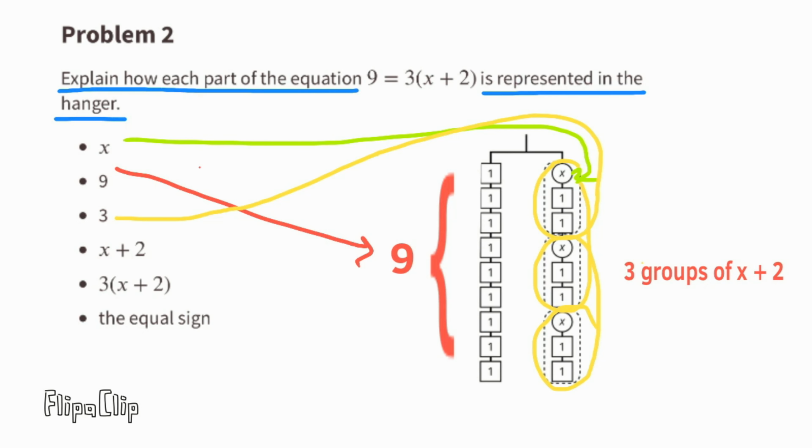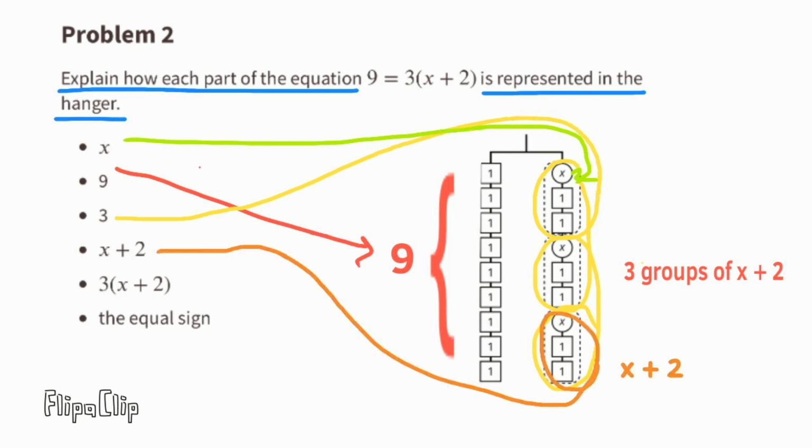Inside each of those groups is an x plus 1 plus 1, which is equal to x plus 2. 3 times (x plus 2) is represented by the 3 groups of x plus 2.